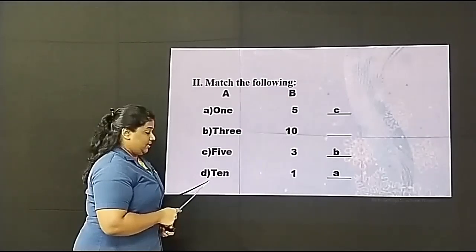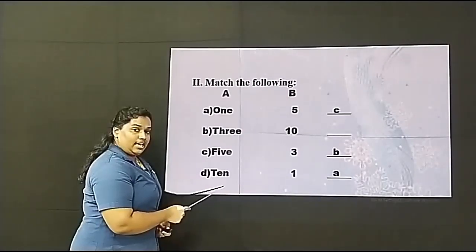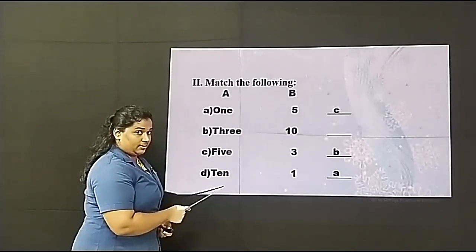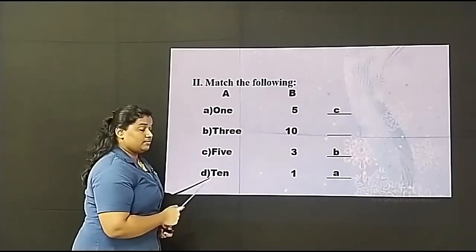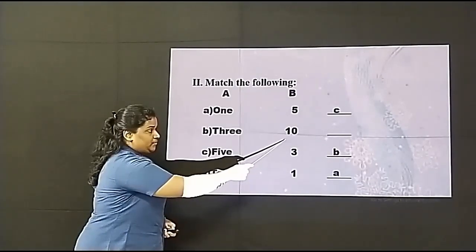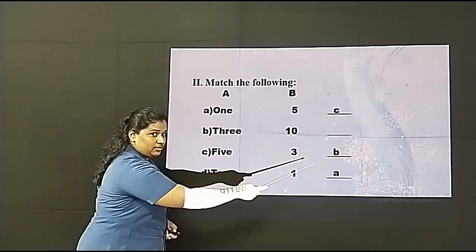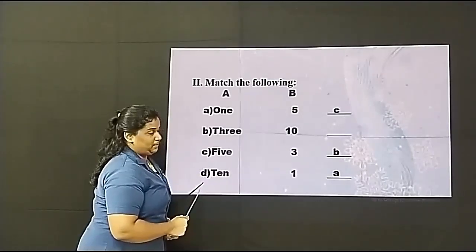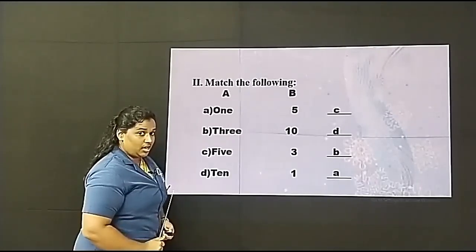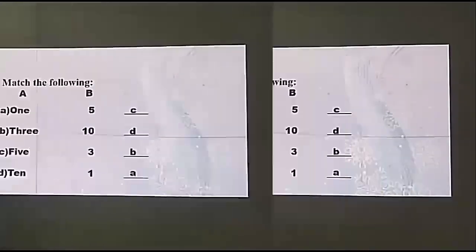Next, last question. TEN. The correct answer for question number D is 10. So, in front of 10, we have to write the question number? Yes, D. So, this is how we are going to match the following hereafter.